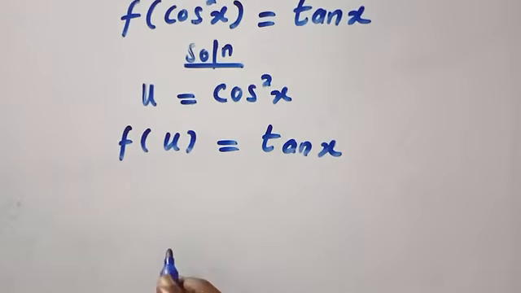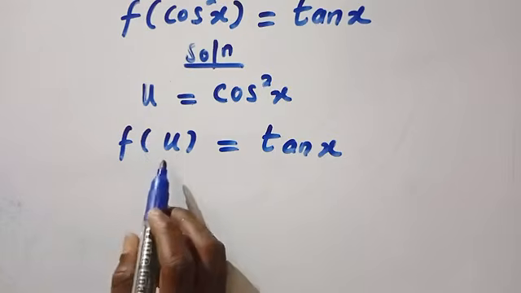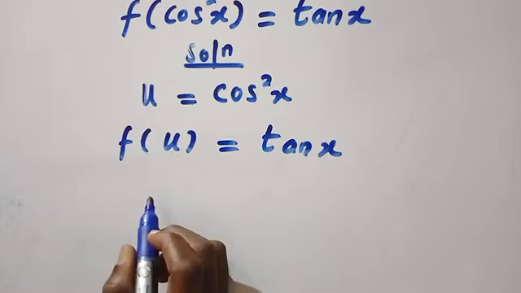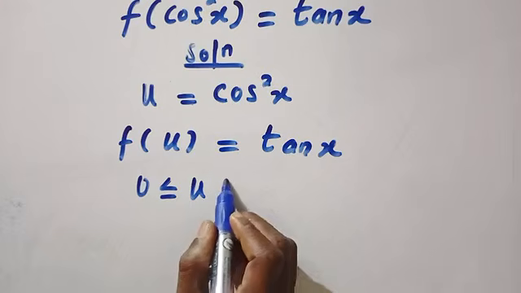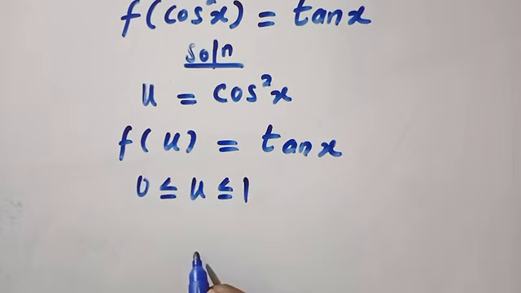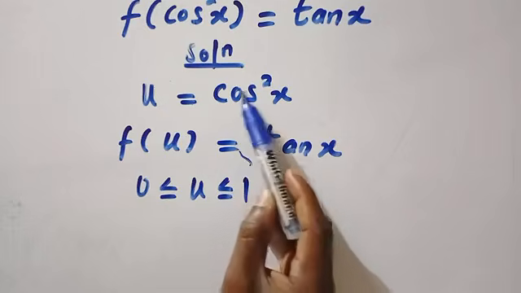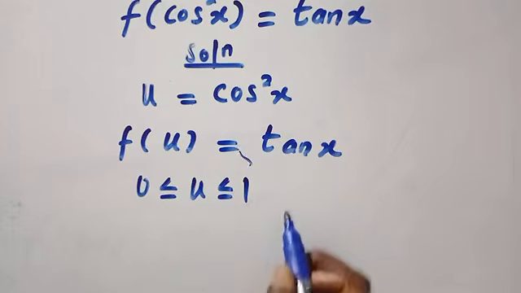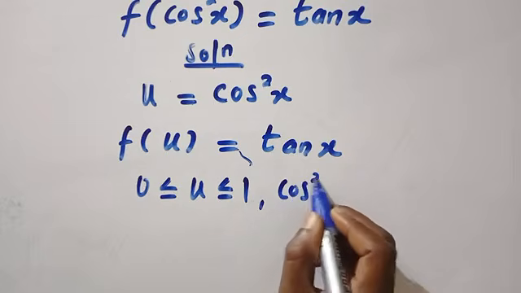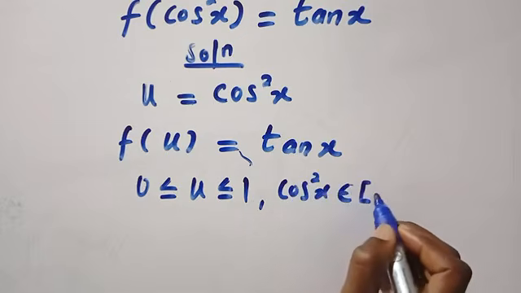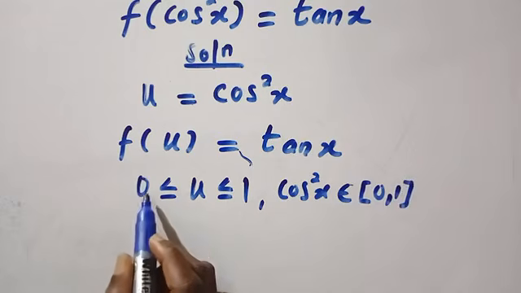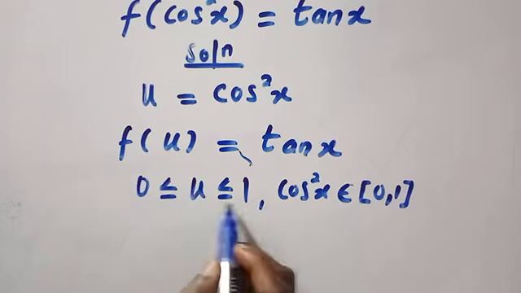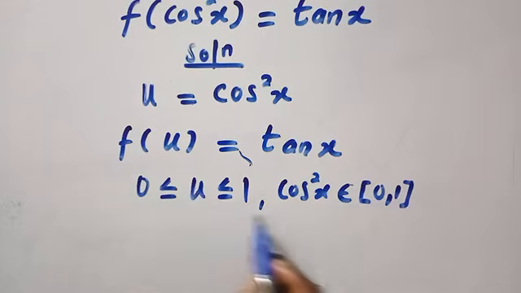But we have to note that the domain of u, given f of u equals tan x, ranges from 0 less than or equal to u and u less than or equal to 1, since cos squared x is in the closed interval [0, 1]. That is the only place where we can have 0 less than or equal to u, and these are the same in inequality form and bracket form.